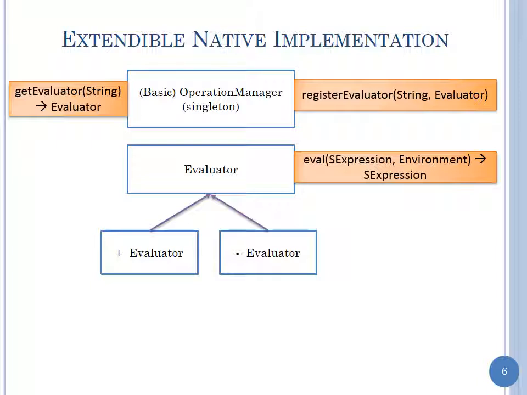Andrew's system created an input expression out of that. And that input S expression object is going to call eval, is going to extract, is going to try to figure out what the function identifier is, use that function identifier to get the evaluator and say, hey, you do it.